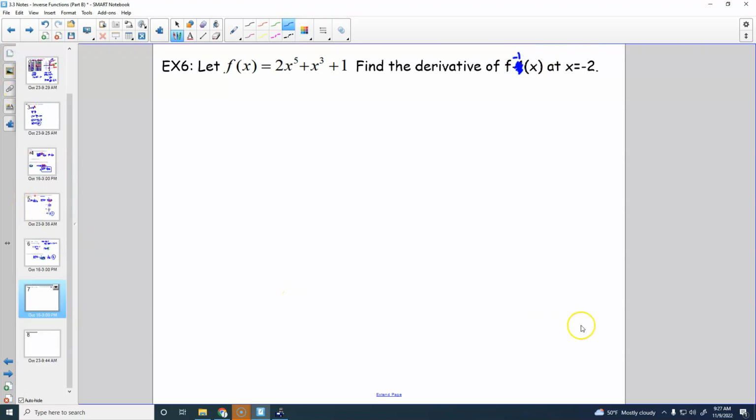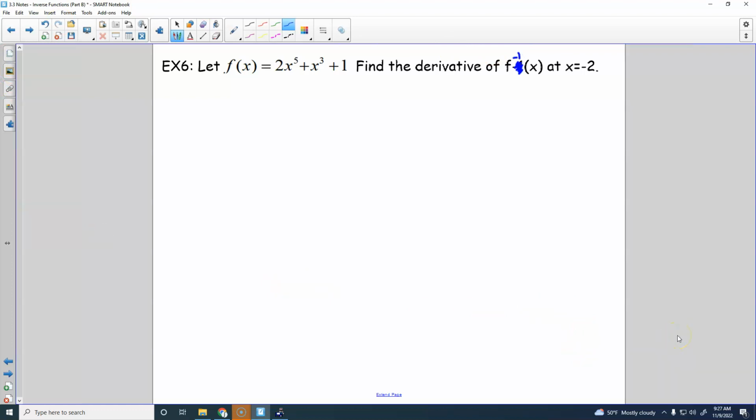Okay, so this is our last one. We've got f of x equals 2x to the 5th plus x cubed plus 1. We are supposed to find the derivative of f inverse of x at x equals -2. So this is asking for f inverse prime of -2.